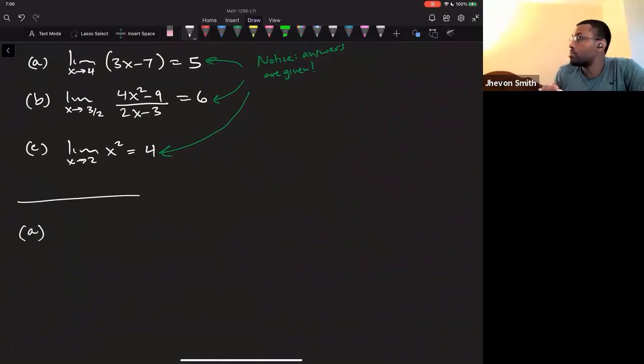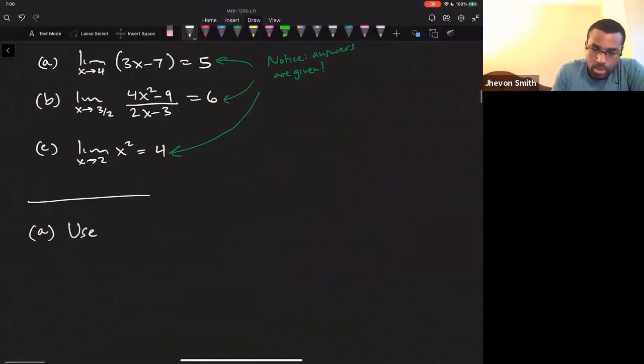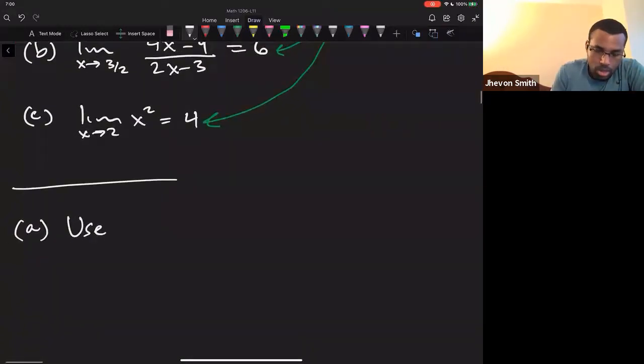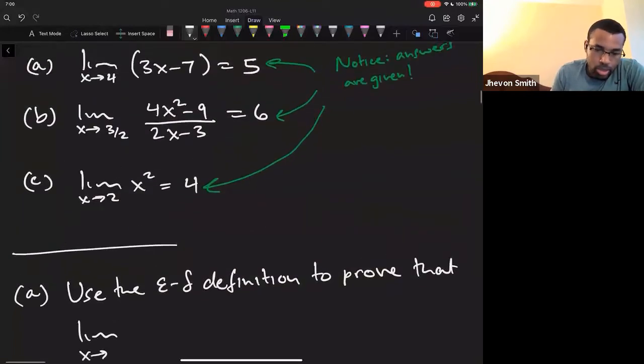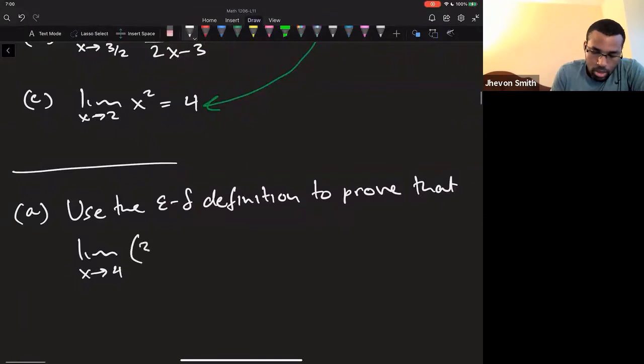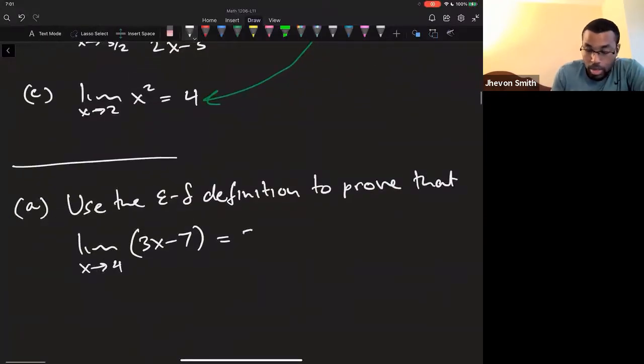So if I want you to do this, I might state this something like: use the epsilon delta definition to prove that the limit as x approaches 4 of 3x minus 7 is 5, which, I mean, you could just plug in 4 here, right, and compute 5.